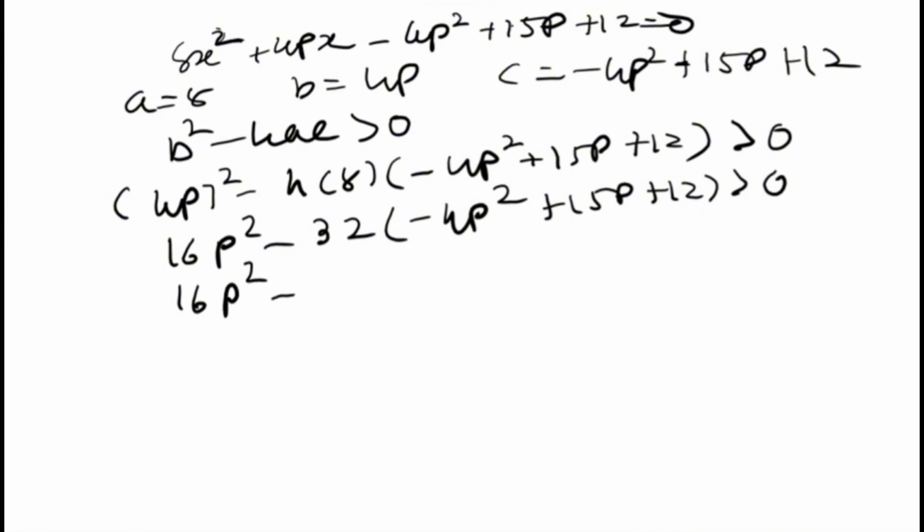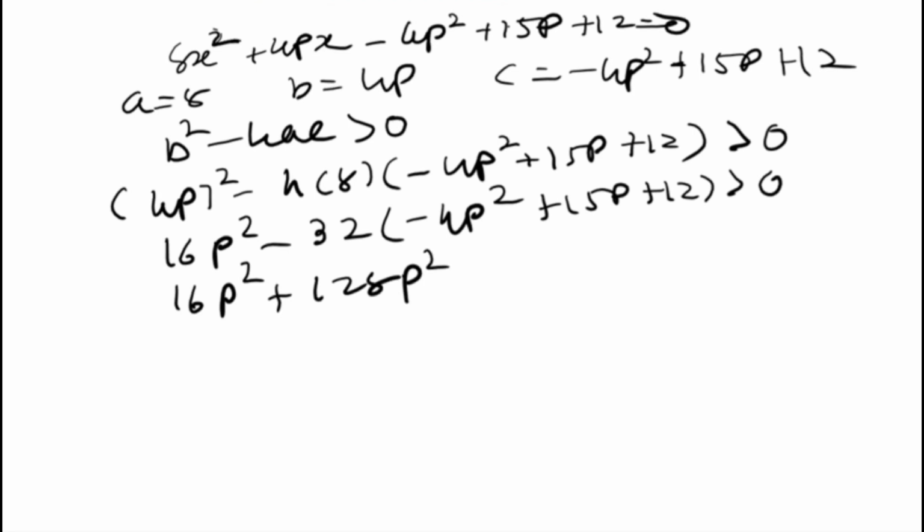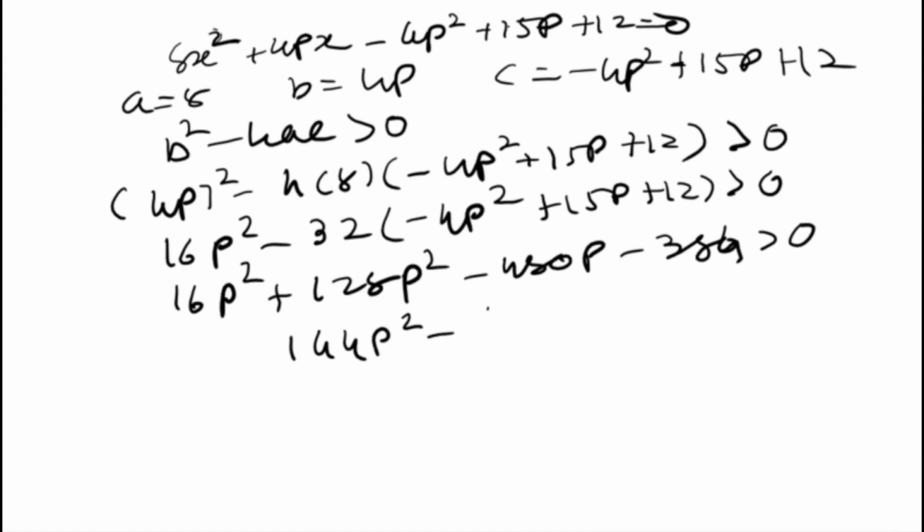So 16p squared minus 32 times 4 will give me 128p squared, and minus becomes plus. Minus 32 times 15 will give me minus 480p. Minus 32 times 12 will give me minus 384 greater than 0. Now 16p squared plus 128p squared is 144p squared, minus 480p minus 384 greater than 0.